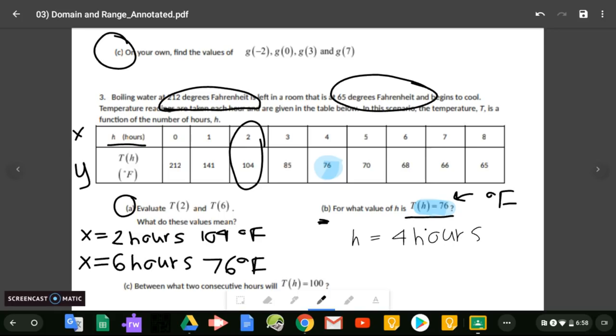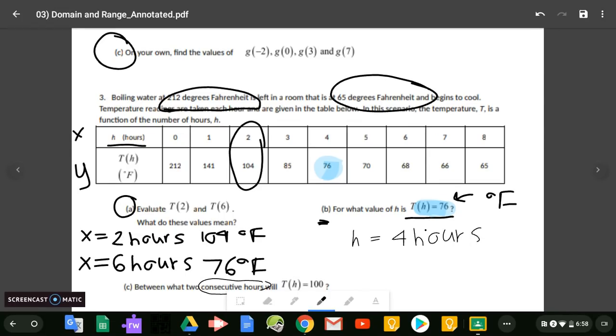Now, for the last question, they want to know between which 2 consecutive hours. Remember, the word consecutive just means one after another. Would the temperature be 100 degrees Fahrenheit? Well, remember, my list of temperatures is my outputs.